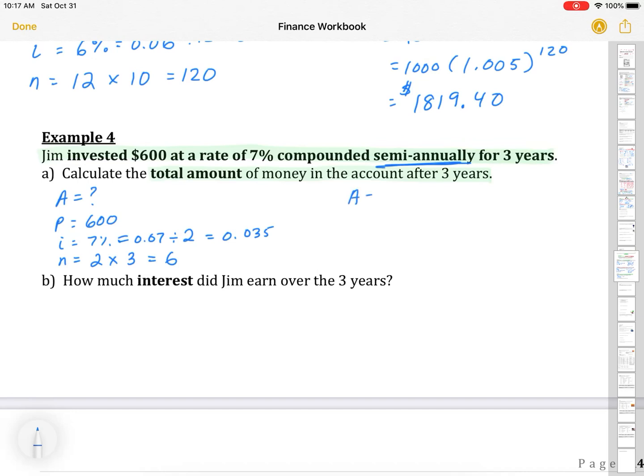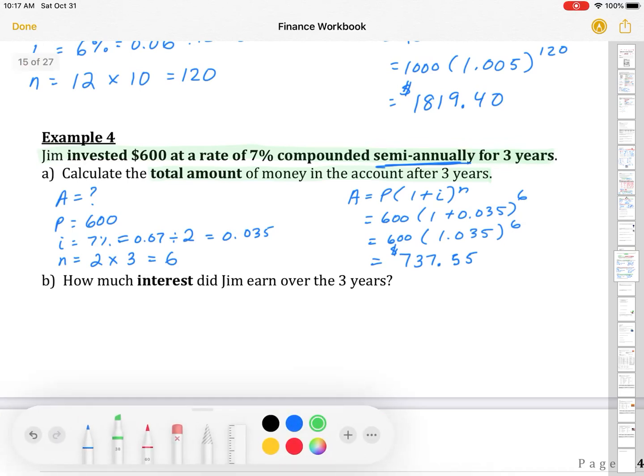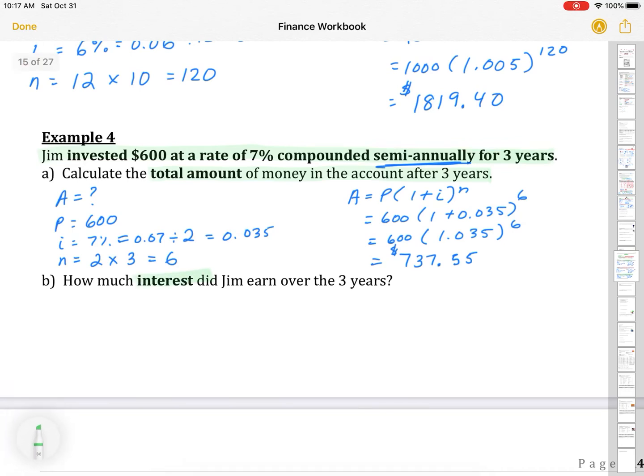Let's fill this in. A is equal to P, 1 plus i to the n. We know P is 600. We have 1 plus 0.035 to the 6. 1.035 to the 6. Put that in our calculator. We get 737.55. Now the next question says, how much interest did he earn over the 3 years?